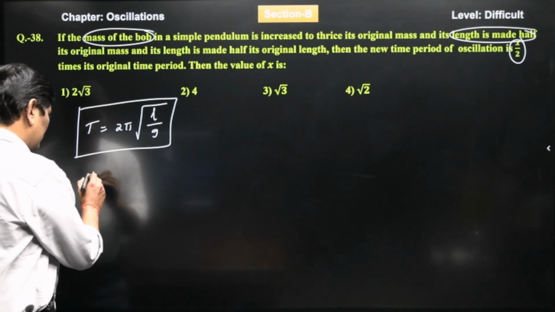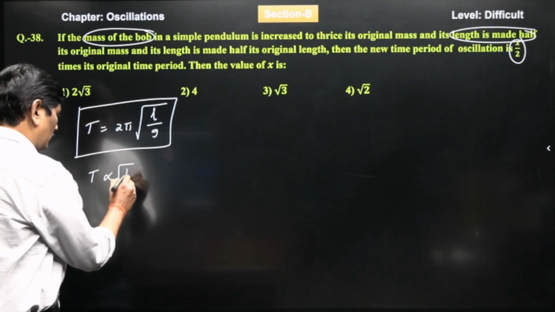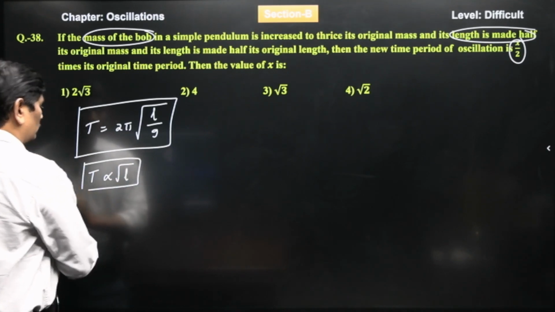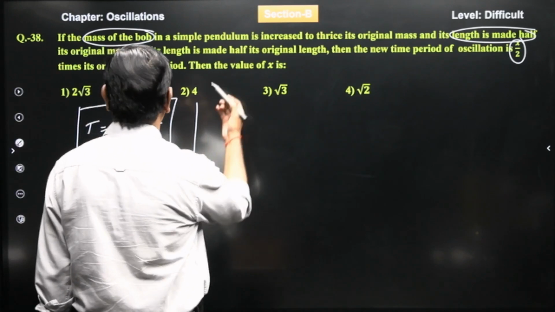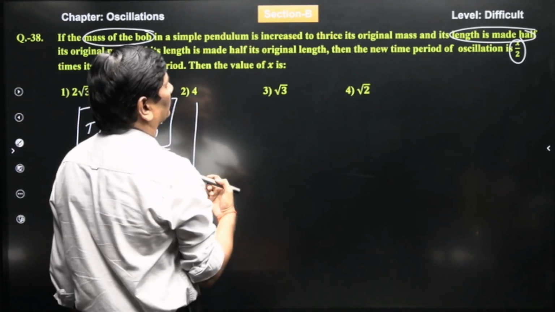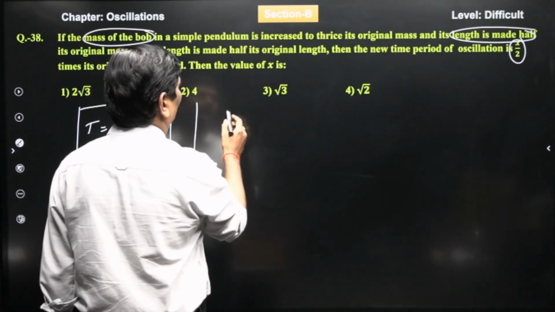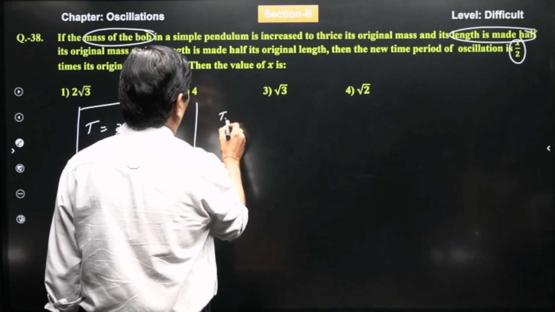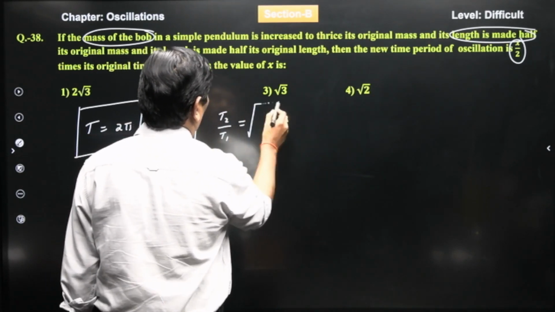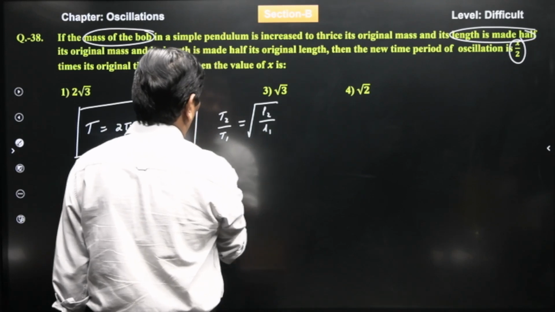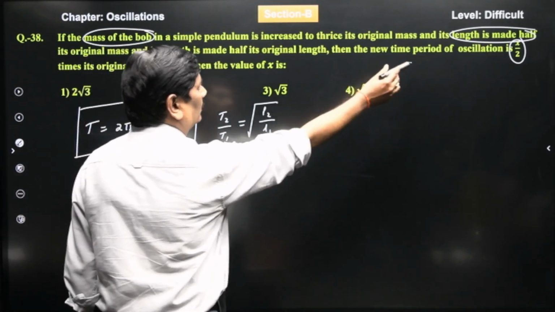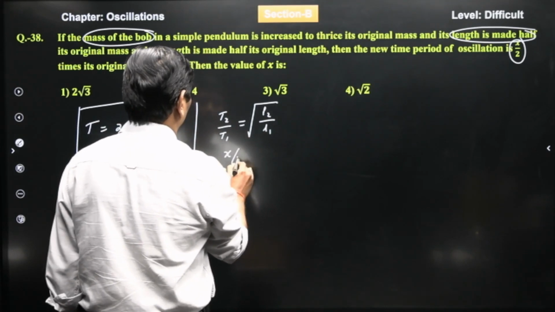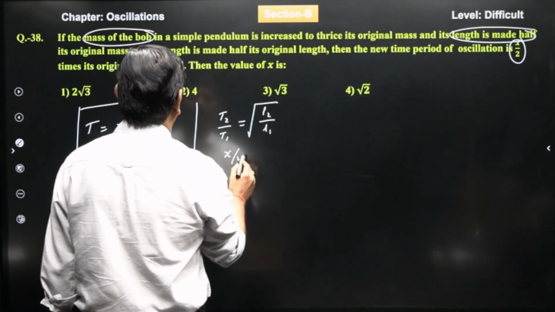So, what we can consider here, T is proportional to root L, because there is no variation in g given. Here the length is made half. If I write the relation T2 by T1 is equal to square root of L2 by L1, it is given that the new time period is x by 2 times the original time period.